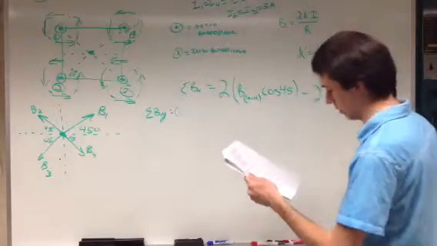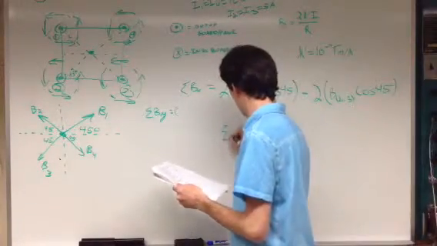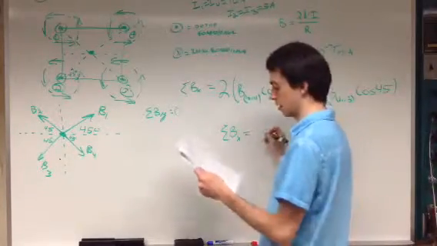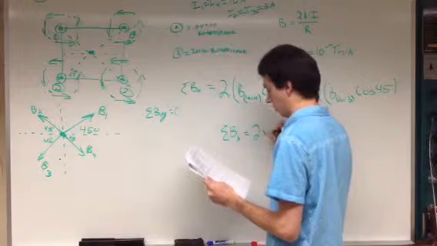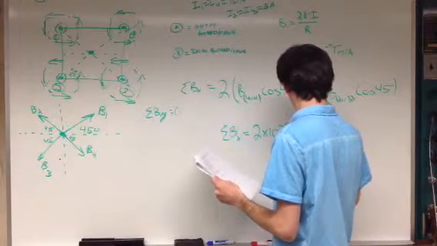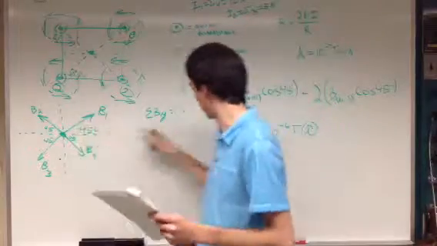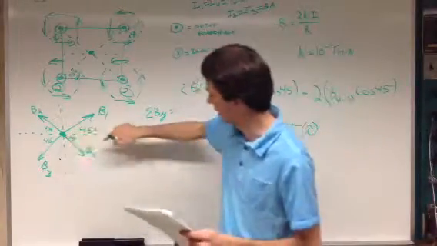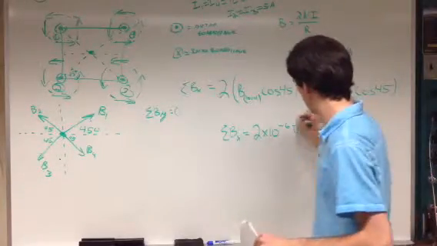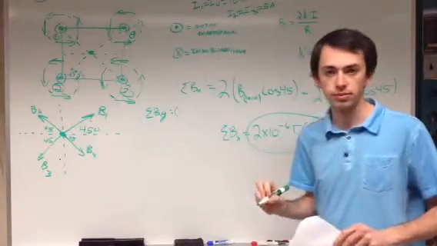Plug that in, get your number, you'll get the summation of magnetic fields in the x direction equals 2 times 10 to the minus 6 Tesla in the i direction. Remember, this is in the x direction. Since there's no y component, this is our answer.